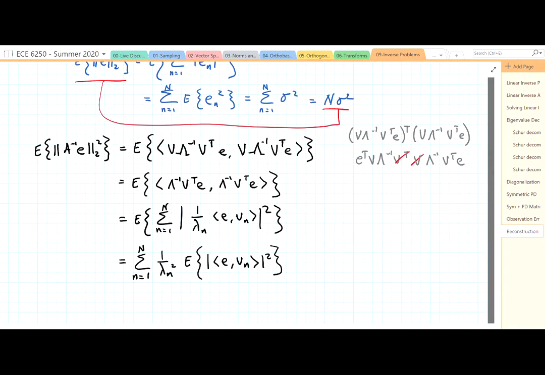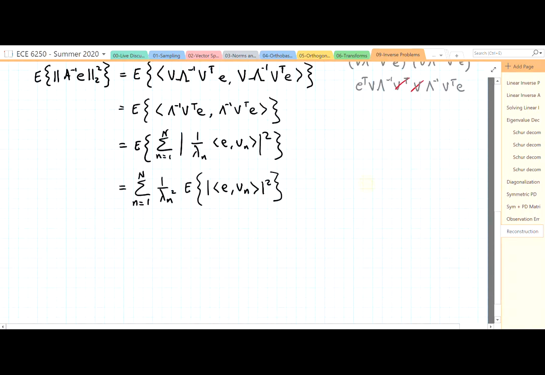So what's this going to be? Well, we need to do a little bit of analysis. It turns out this is going to be pretty simple, but let's push through and see what that is.